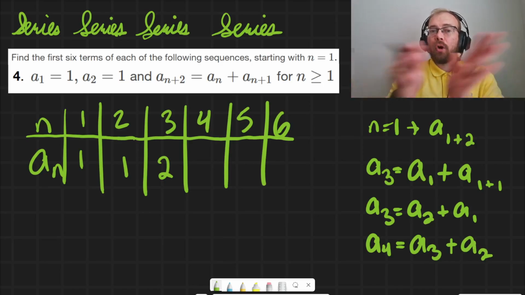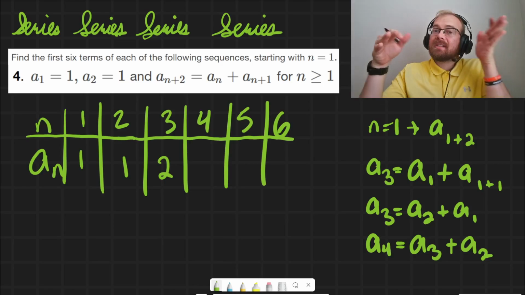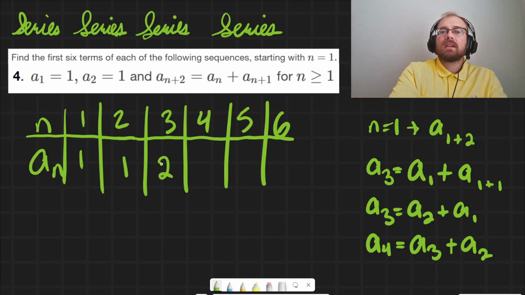It's not like a total sum. I'm not adding all the terms. I'm just adding the 2 previous terms. So I'm not going to add the very first one. I'm only going to add 1, the second one, plus 2 and get 3. Then I'm going to add 2 and 3 and get 5. Then I'm going to add 3 and 5 and get 8.